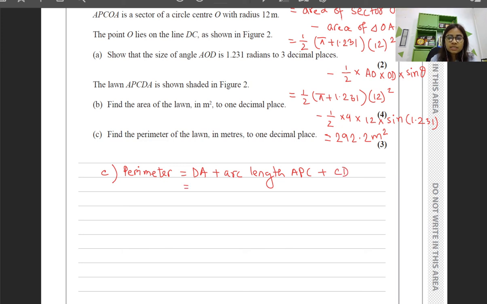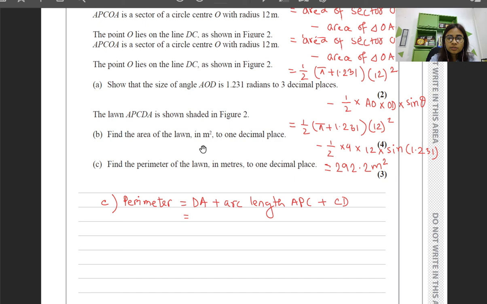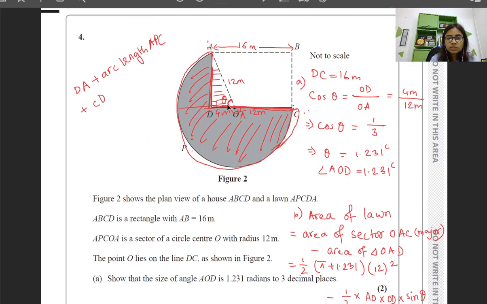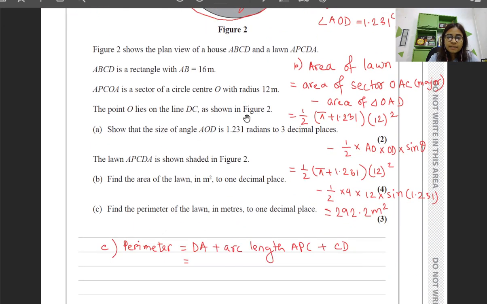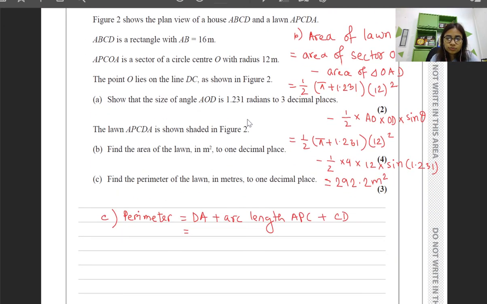So what is DA? For the side DA we can use Pythagoras theorem. We know the hypotenuse and we know the adjacent. We just need to find the opposite side, which is AD. If we calculate, we get the square root of 12 square minus 4 square, that is 8 root 2. So DA is 8 root 2.